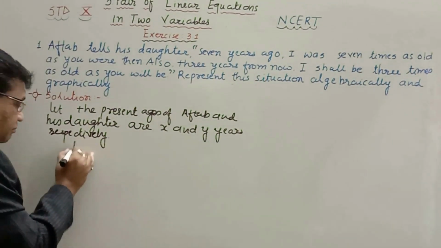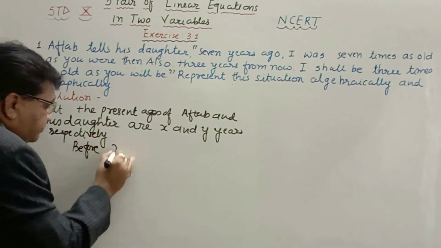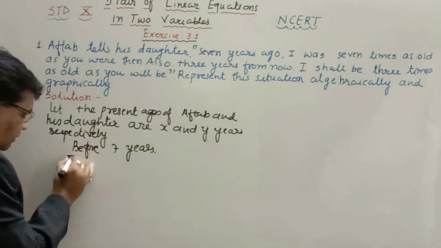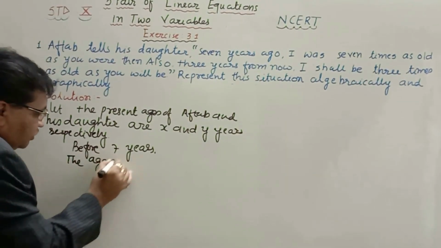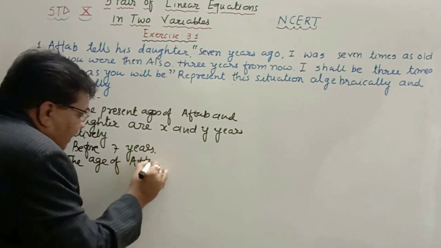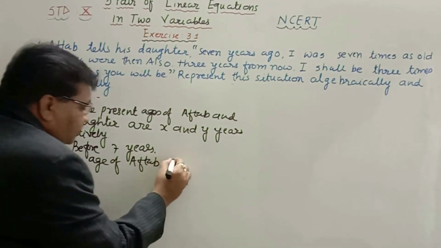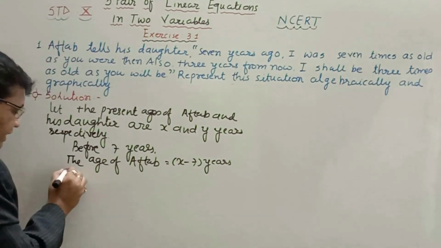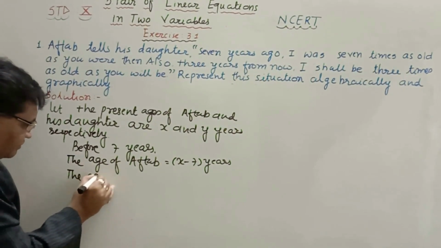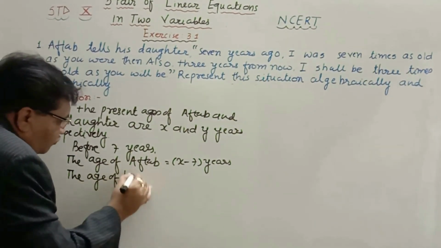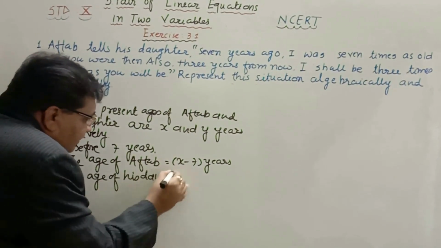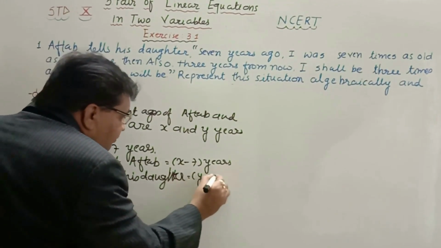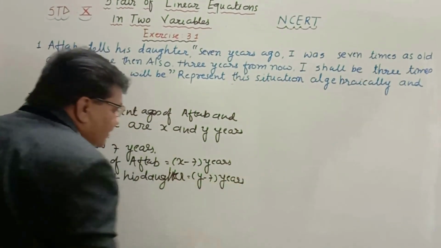So, before 7 years, the age of Aftab is equal to X minus 7 years and the age of his daughter is equal to Y minus 7 years.